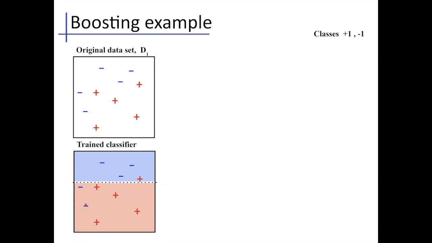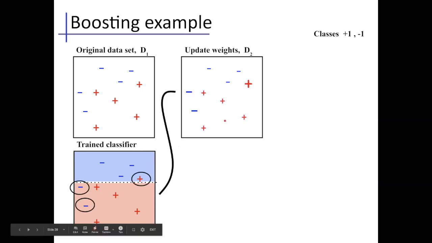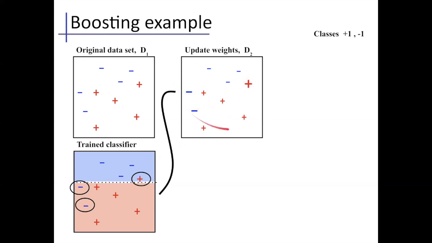Then what the boosting method will do is increase the weight of these incorrectly labeled samples, and that is shown in the next slide. In this case, I highlight that with a bigger plus and bigger minus to demonstrate that those samples are not treated equally. Instead, these three samples have higher weights than the remaining samples.